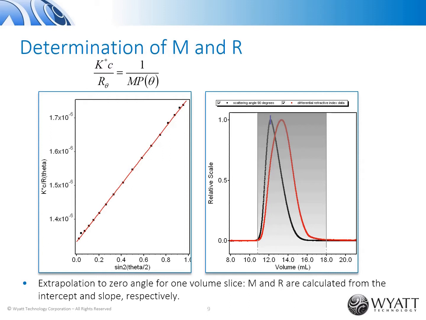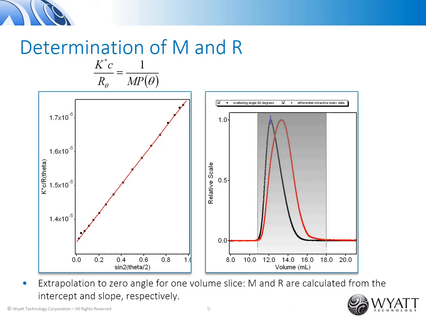It has the refractive index of the solvent, the vacuum wavelength of the laser, and the dn/dc squared of our material we're looking at. C is the concentration, which is measured by RI or UV detectors, and R sub theta is the Rayleigh ratio, the scattering intensity measured by MALS in absolute units.